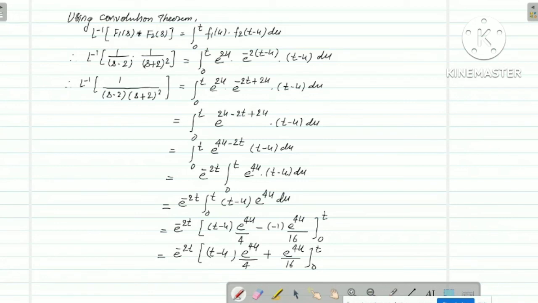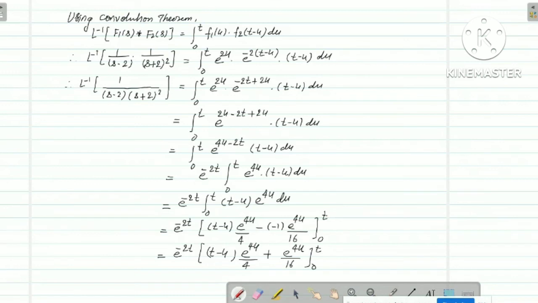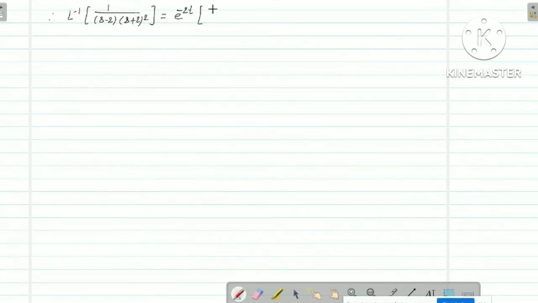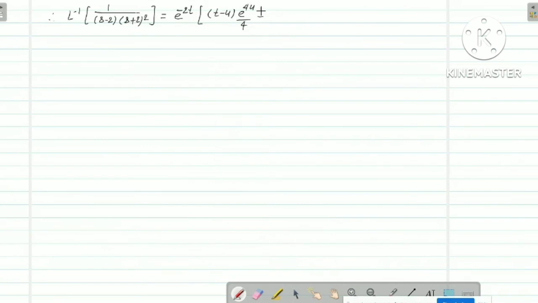Previous step, e raised to minus 2t, bracket t minus u, e raised to 4u by 4, plus e raised to 4u by 16, and limit running from 0 to t.